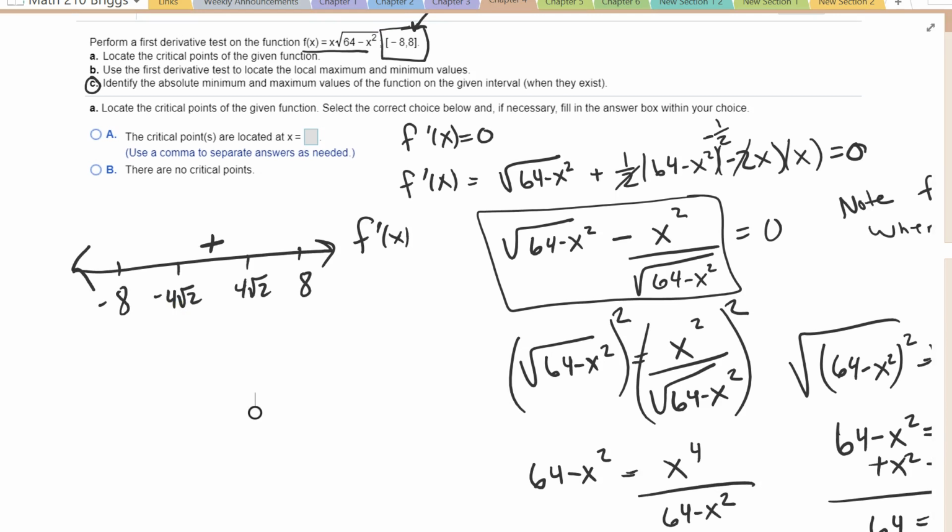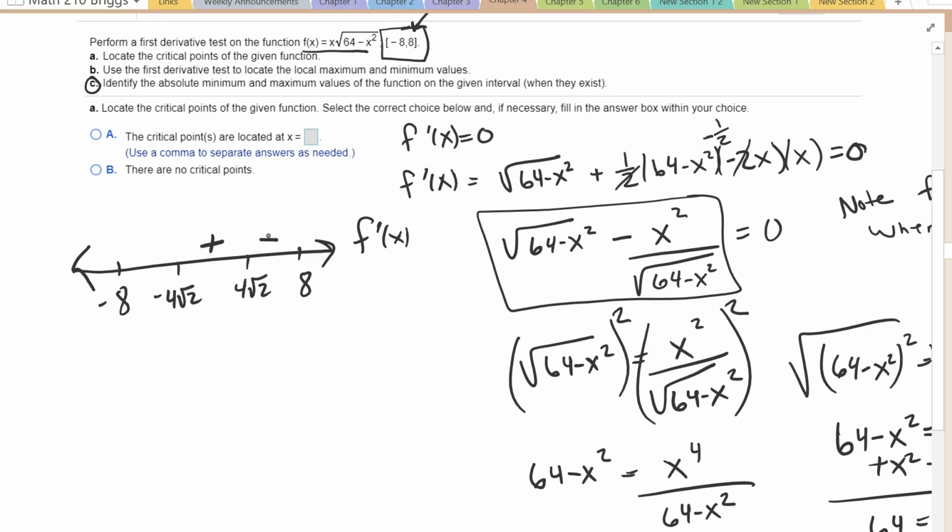If I plug in a number greater than 4 square root of 2, so let's say I plug in 6, and evaluate square root of 64 minus x squared at x equals 6, I get negative.